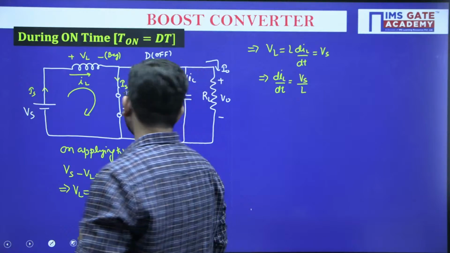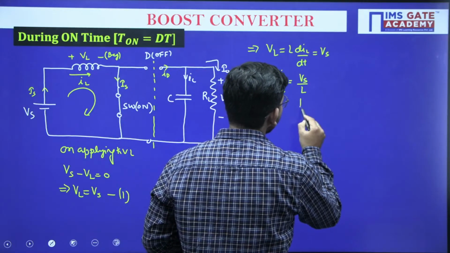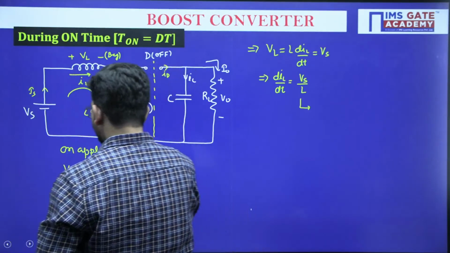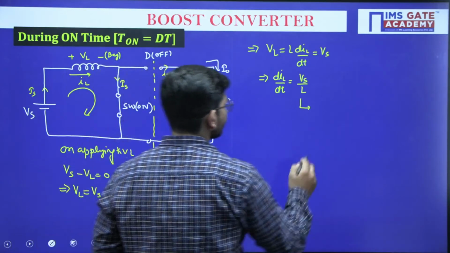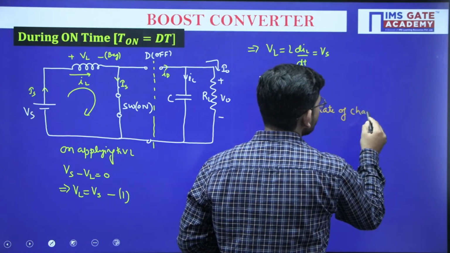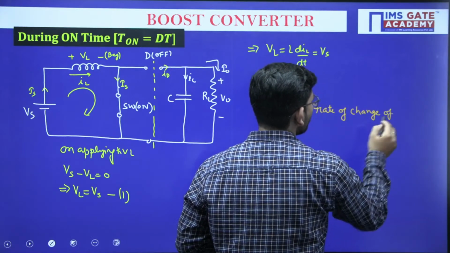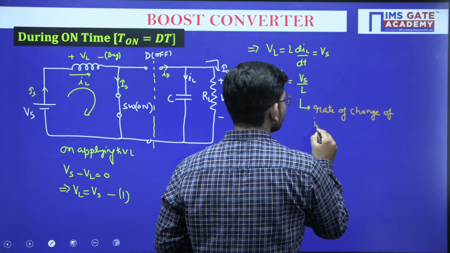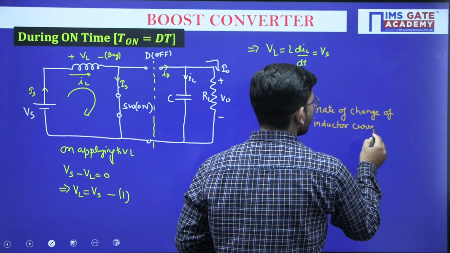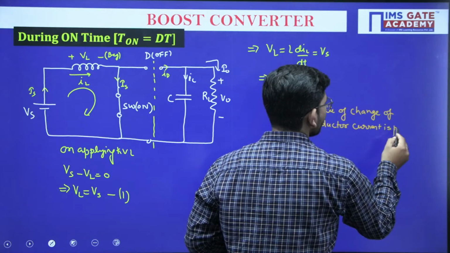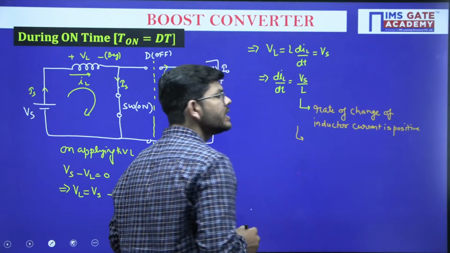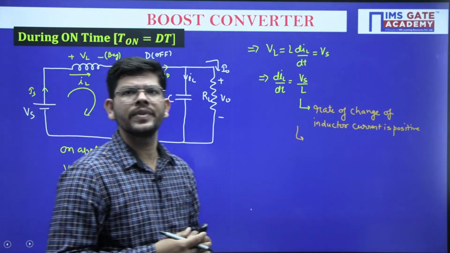So the rate of change of inductor current is positive. If it is positive, what does it indicate? It indicates that the inductor current is varying linearly.